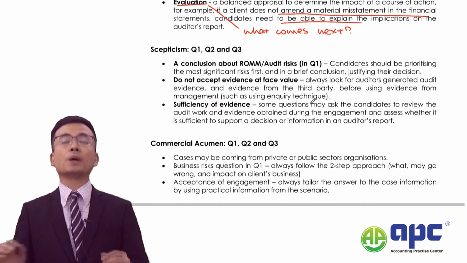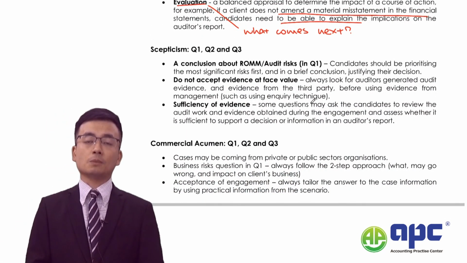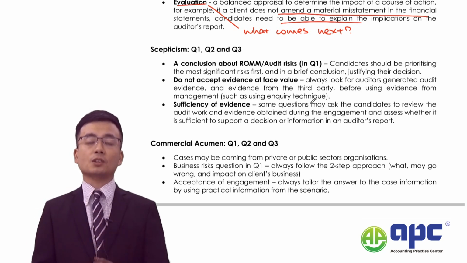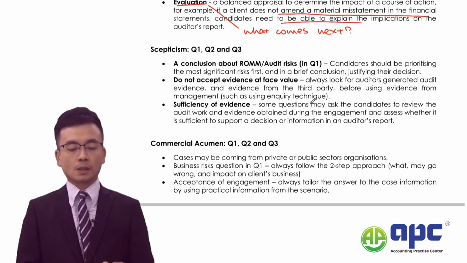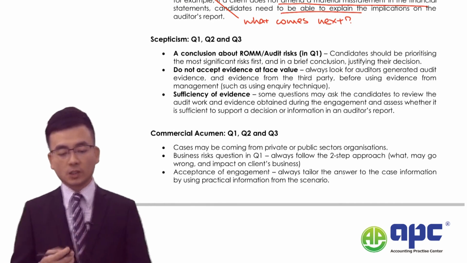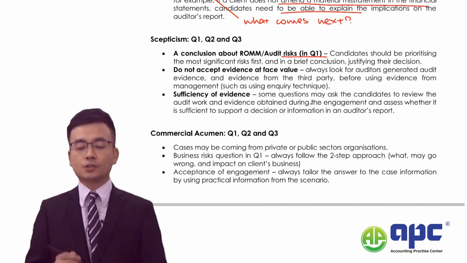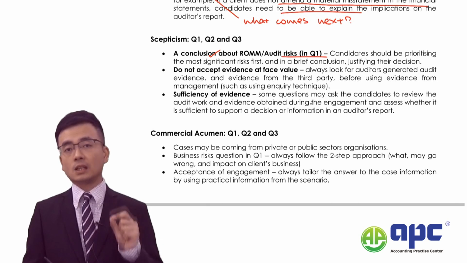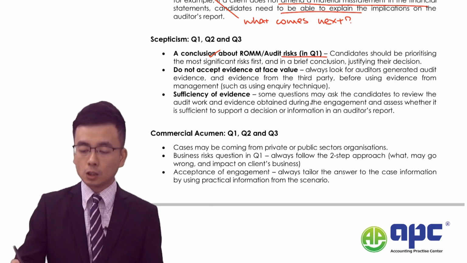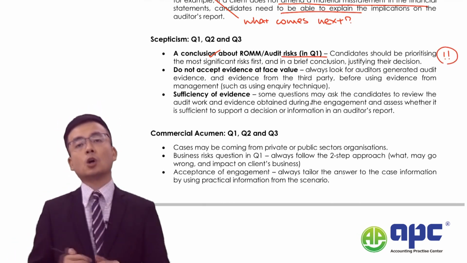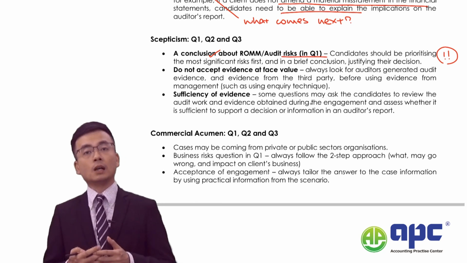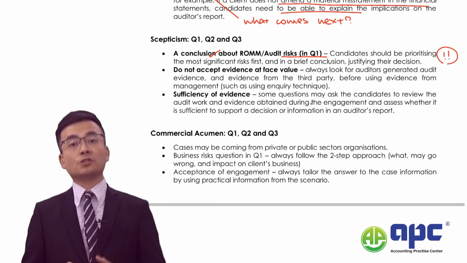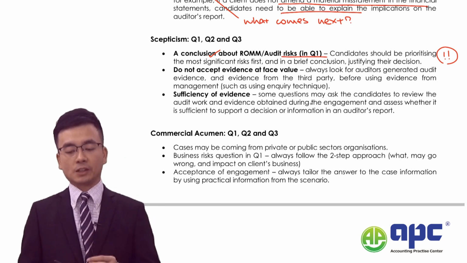Another professional skill is called professional skepticism, or we can call it the skepticism skill. Now it's very important, particularly in question 1, that you always give a conclusion to get the skepticism mark. A lot of students may easily omit this mark and lose potential 1 to 2 marks in this particular exam.